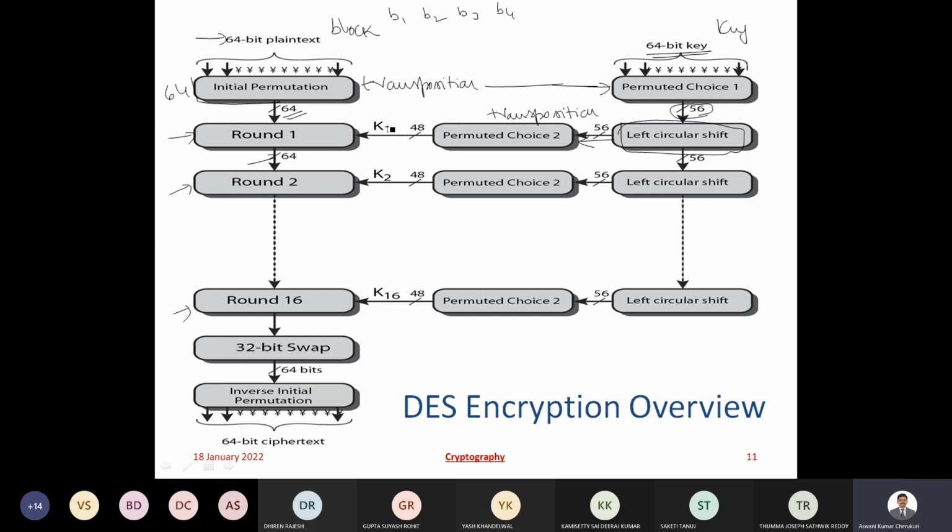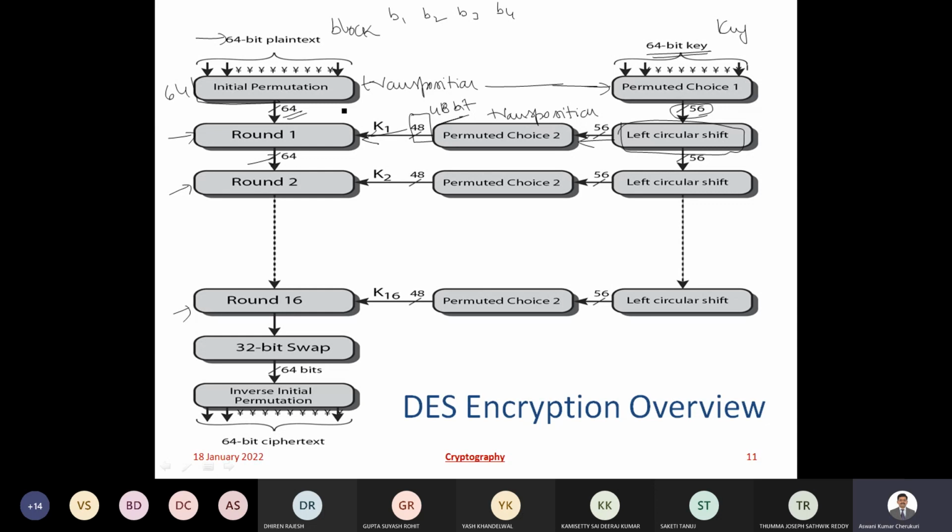But remember, after doing that 56-bit transposition, we are going to truncate something and make it 48-bit length, and that is given as an input to the round.